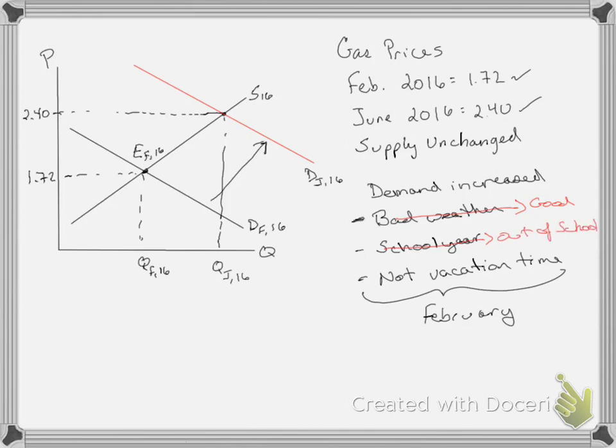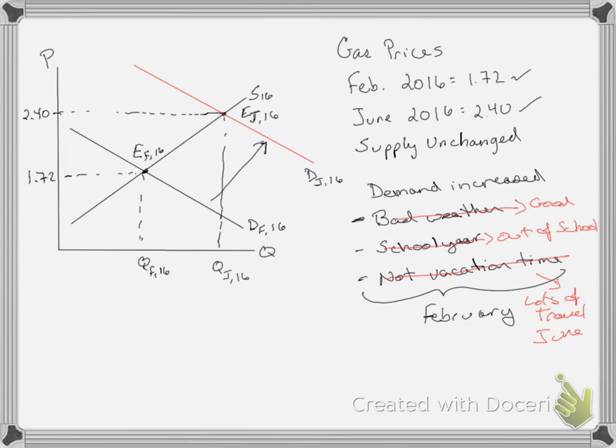This is a heavy vacation time, with lots of travel, and these are all happening in June. All of these things are going to lead to an increase in travel and an increase in the demand for gasoline. So now we go from an equilibrium in February 2016 at $1.72, and that's going to increase to an equilibrium in June 2016 when demand increases.